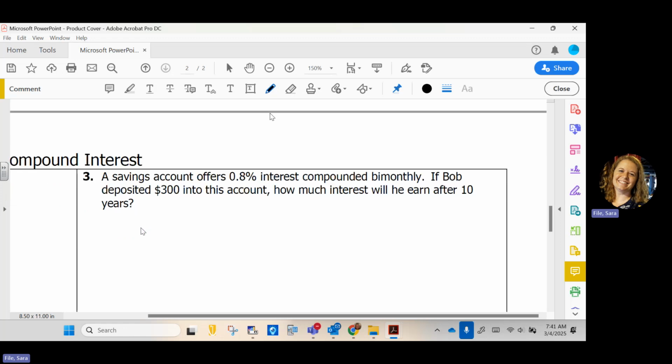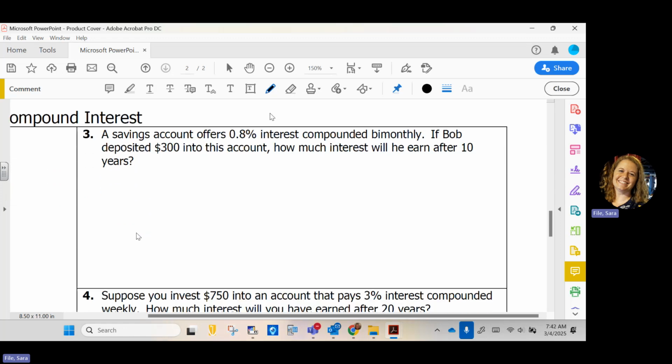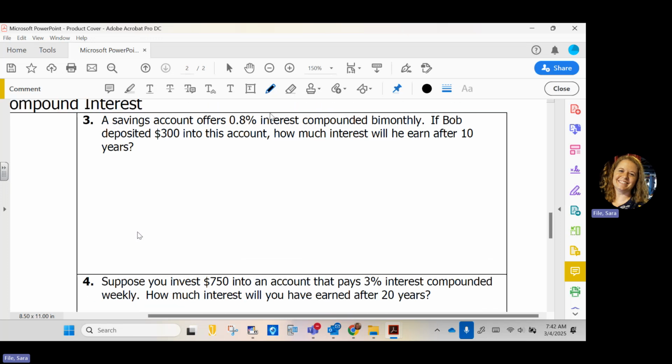So be wise. Do not spend what you don't have, because that's how people get into crippling debt. Just my little suggestion, life lesson there.